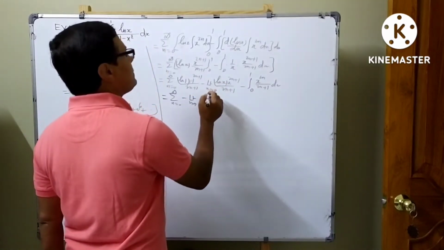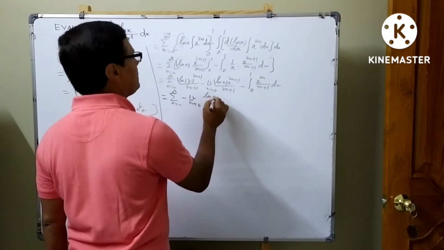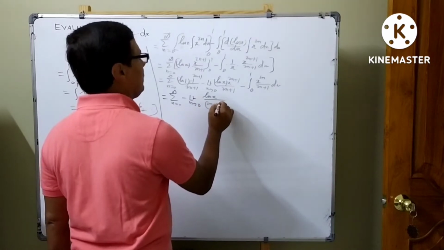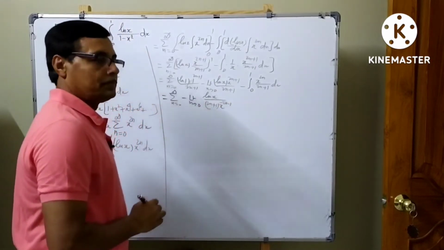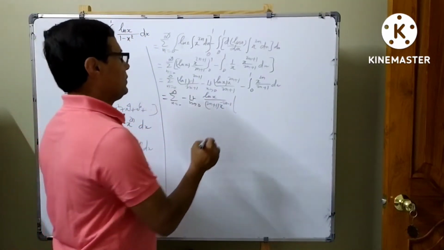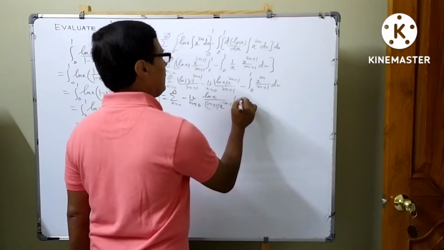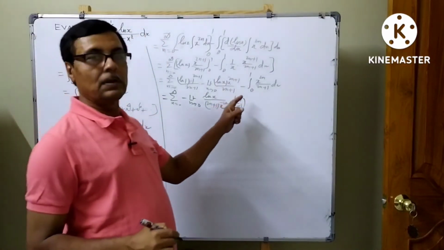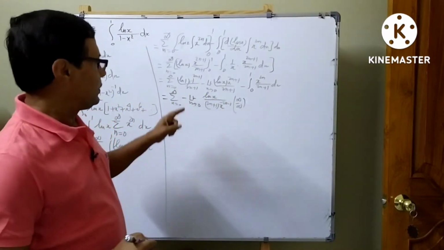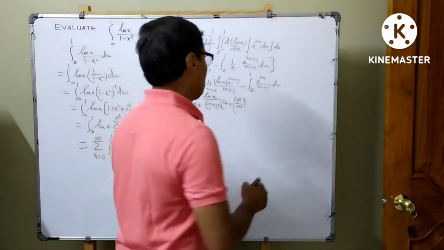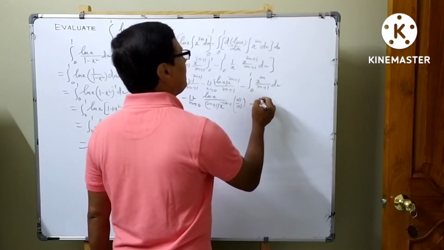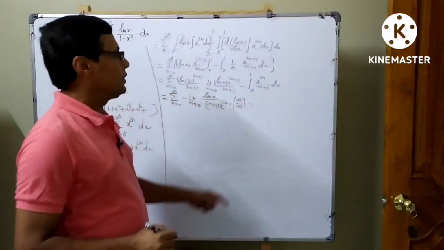We can write this as natural logarithm x over 2n plus 1 times x to the power minus 2n minus 1, and this is in the form infinity over infinity. So we can apply L'Hospital rule for the evaluation of this limit. And the last part is minus integration 0 to 1 of x to the power 2n over 2n plus 1 dx.